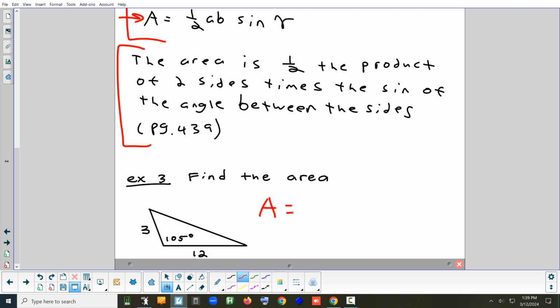So, anybody tell me what the calculation would be for the area of the triangle? So 1/2 product of two of the sides times the sine of the angle between them.